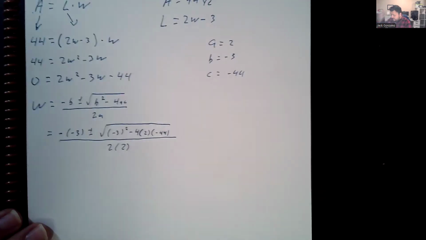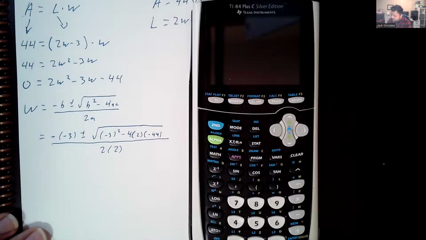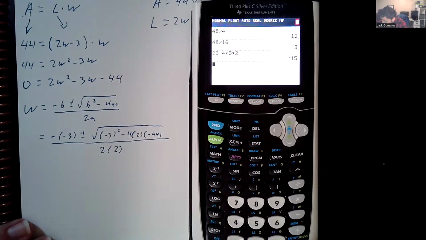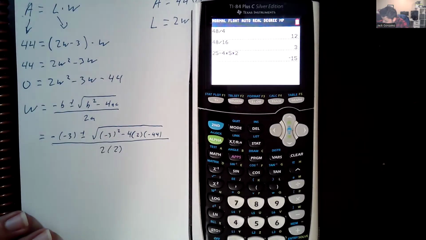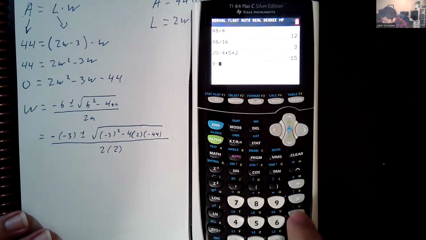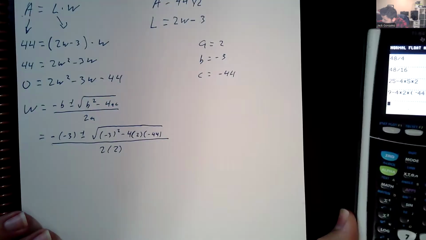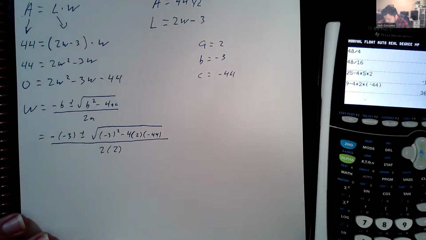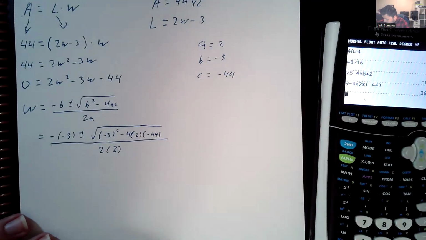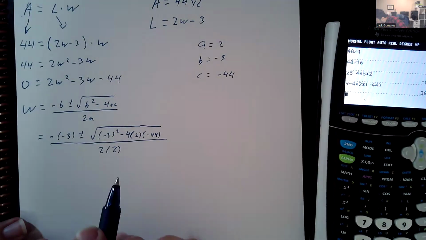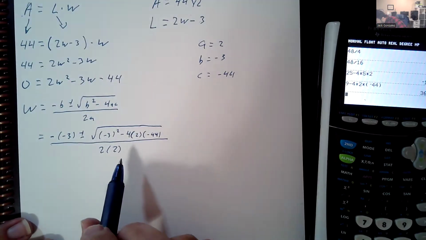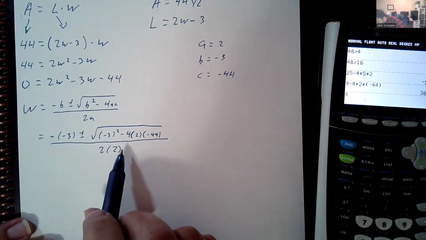All right, so let's do some calculator stuff, make it a little prettier. And so I'm just going to do the inside here, so that'll be negative 3 squared is 9 minus 4 times 2 times negative 44. There'll be 361 inside. Okay. Double check. 9 minus 4 times 2 times, yeah, okay.